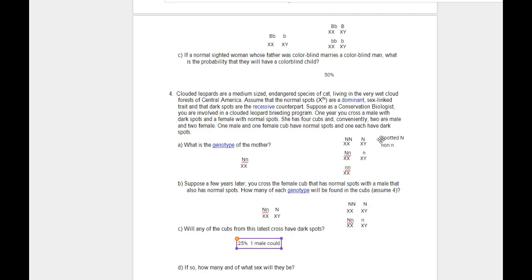Everybody else has a capital. And what do we say? There's a capital, it's spotted. If so, how many of what sex will it be? Well, I guess you could say 50% of males. Which just means out of these 2 on the right side, half of them are going to be non-spotted.